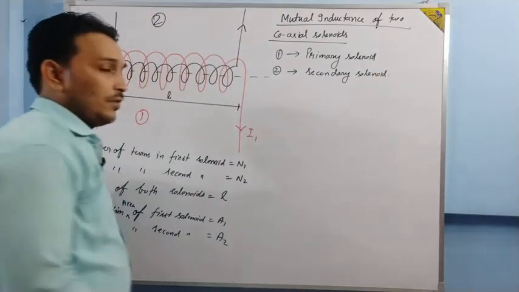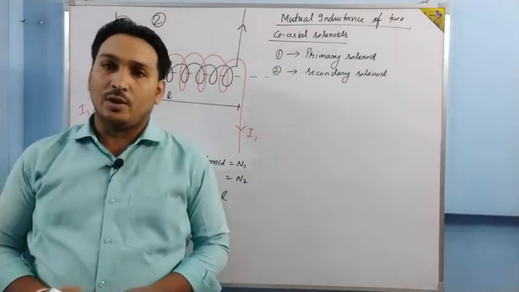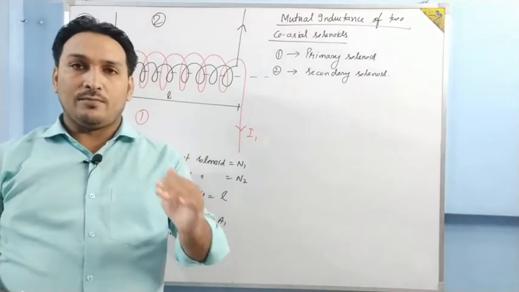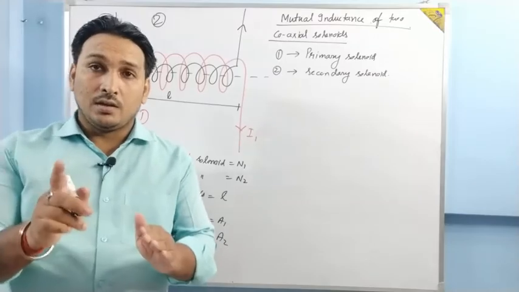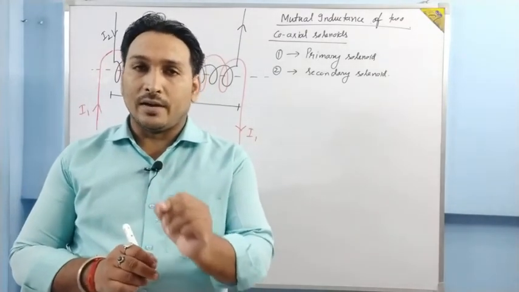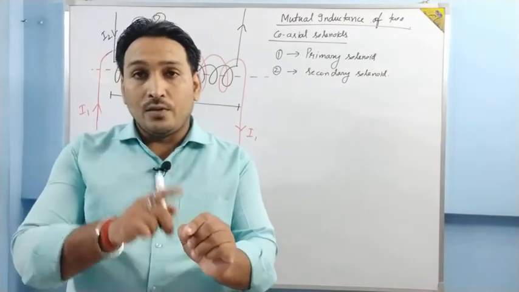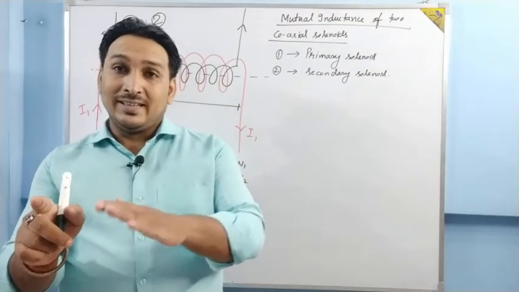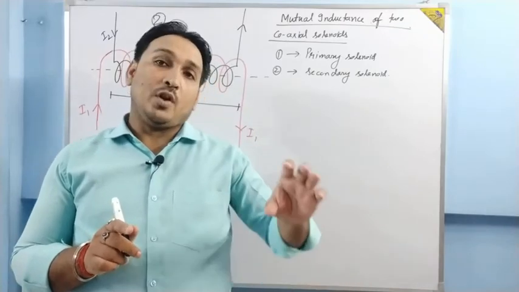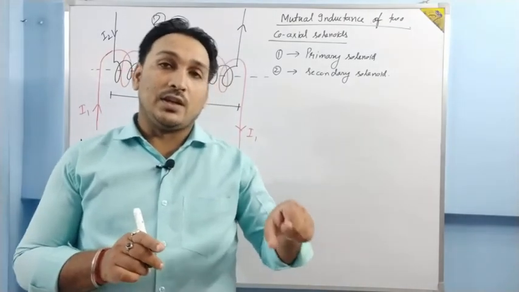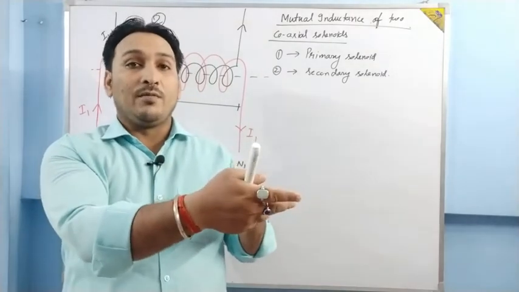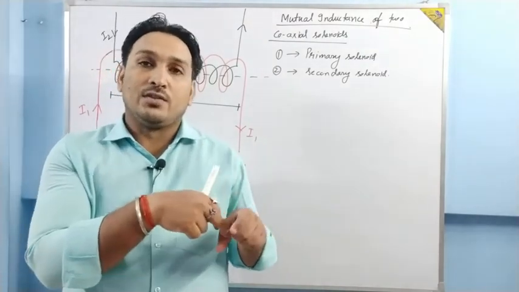When I say the first one is our primary, what do I actually mean? I will consider the change of magnetic flux. Listen to me carefully. I will consider the change of magnetic flux of the first coil linked with the second coil. Because that very flux which is linking with the second one will produce EMF if it is changed.